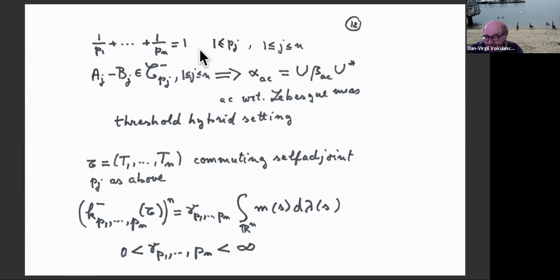So the results I had for n-tuples of commuting self-adjoint operators with Lebesgue measure, etc., work more generally if I have such hybrid perturbations, where the jth perturbation is in the ideal C minus p_j, and the reciprocals of the p_j's sum to 1. So 1 over p_1 plus ... plus 1 over p_n gives 1.